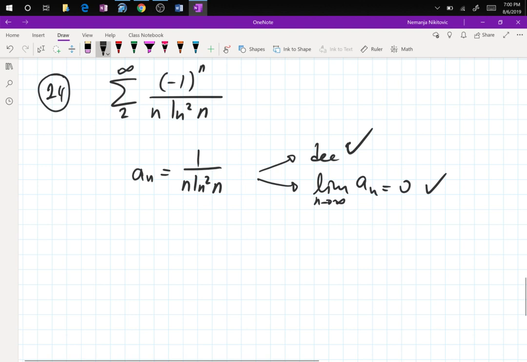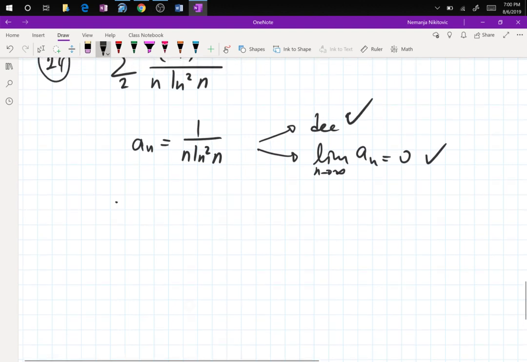Now, is it conditional or absolute? It's going to be summation of 1 over n ln squared n. And now the question is, which test do we use to solve this? What do you think?